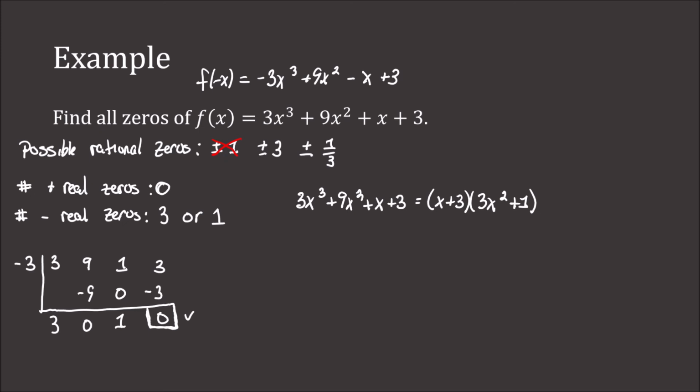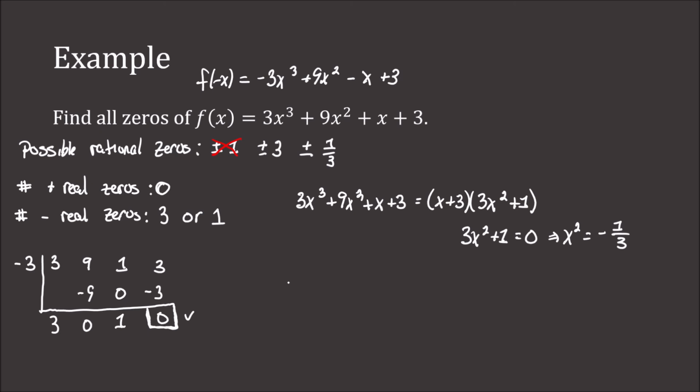So we have x equals negative 3 as a 0 already. Now this 3x squared plus 1. Well, if this 3x squared plus 1 is 0, then this says that x squared would equal negative a third. So these are our imaginary components.